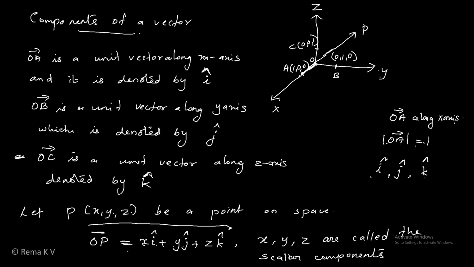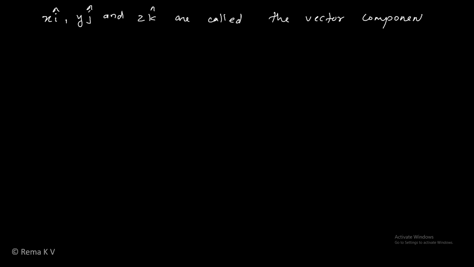This is the component form of vector OP, where x, y and z are called the scalar components, and xi, yj and zk are called the vector components.